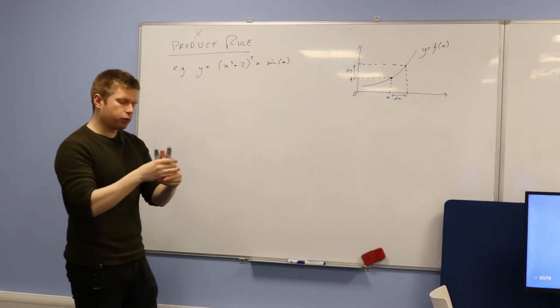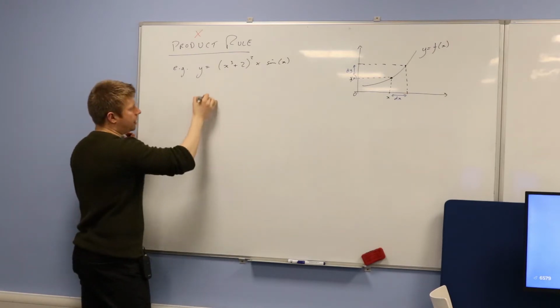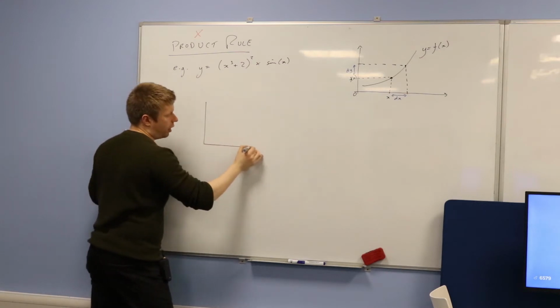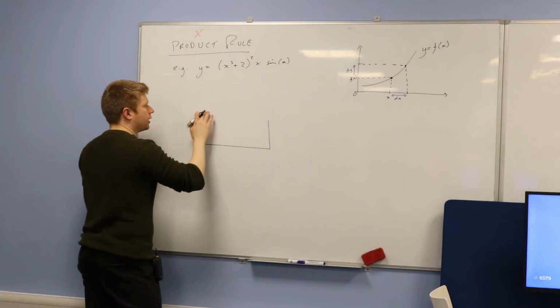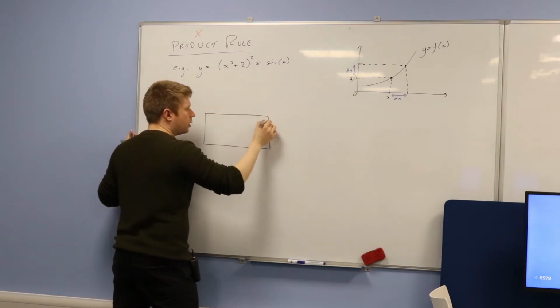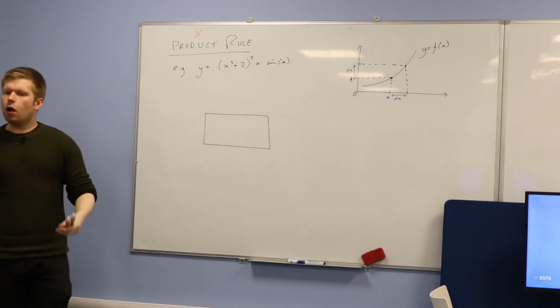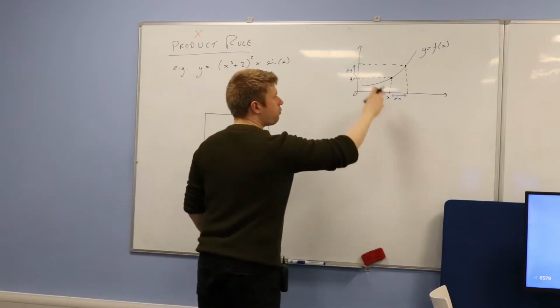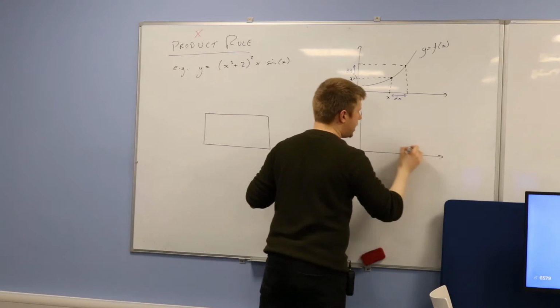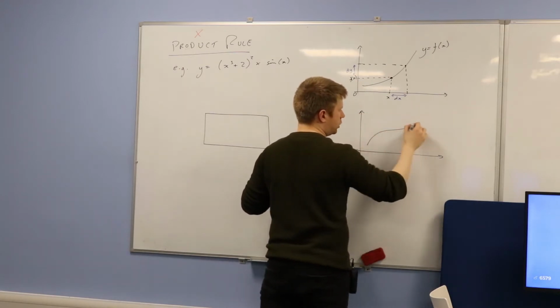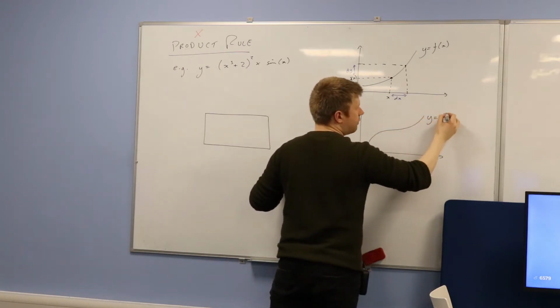Now when you visualize product, a really good way of thinking about this is as an area. Okay, so let's suppose, for example, let's just make it a little bit shorter to make it clearer. Let's suppose we have an area which is worked out by the product of two functions. So let's suppose we had one function here and another function here. Okay, so this is another function. Let's make it look like this. Let's say that's g of x.